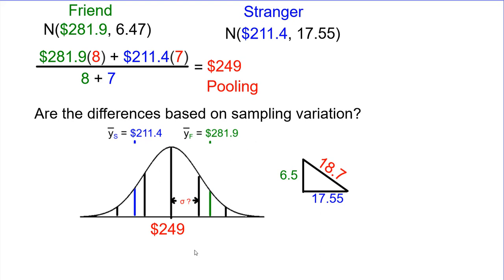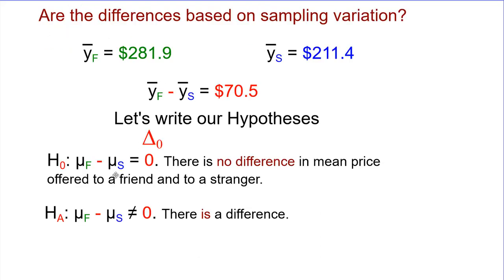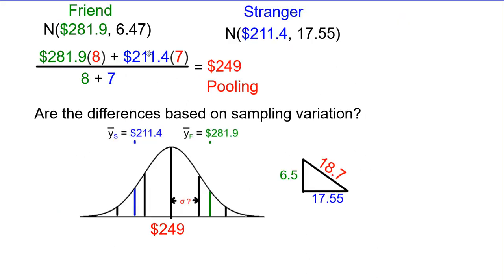All right, if our null hypothesis is that there is no difference, then we need to take the average of both of these and pool them together, but not just a simple average, because we have to weight it by the sample size. We had 8 people who were asked how much they would pay a friend for the camera, and this was their average, so that gives us the total amount offered by the 8 people.